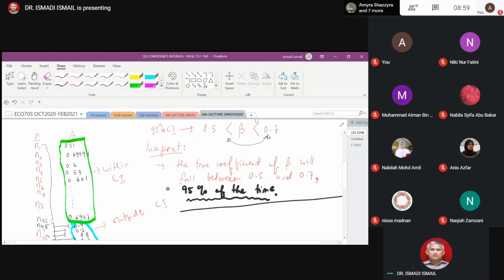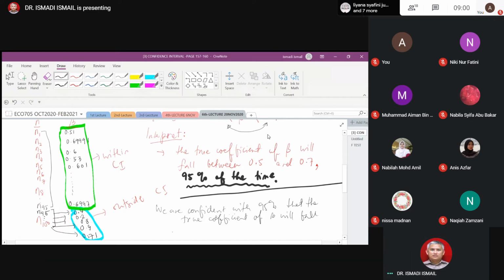It is not the measurement of your confidence level. For example, you might say, we are confident with 95% that the true coefficient of beta will fall between 0.5 and 0.7.